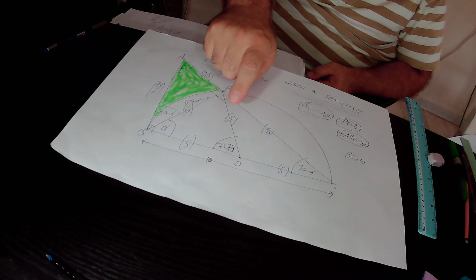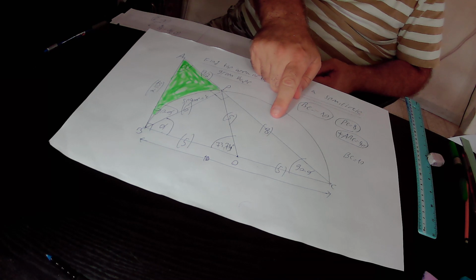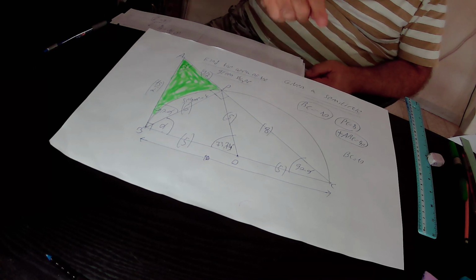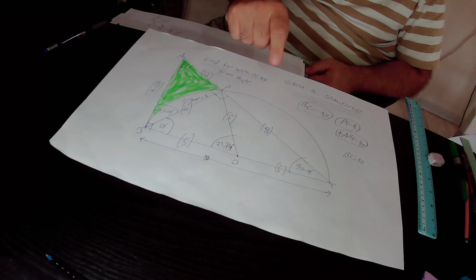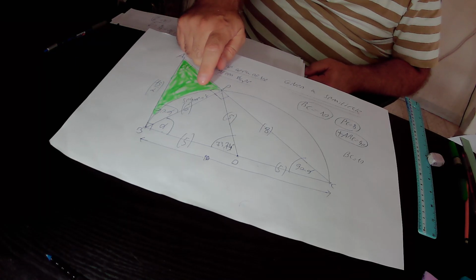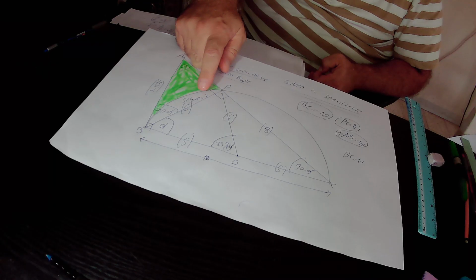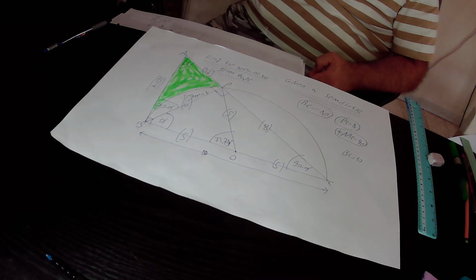BC square is 10 square, that is 100, minus PC square, that is 8 square, that is 64. So 100 minus 64 is 36. So PB square equals 36. We take a root from this equation, so PB must be equal to the square root of 36, that is 6. So PB is 6 units.